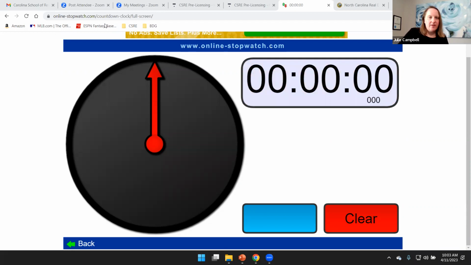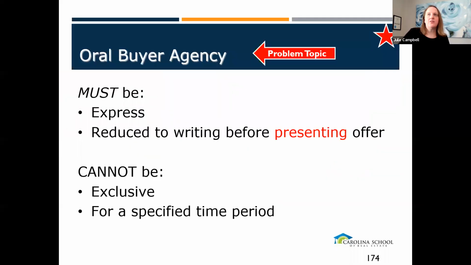We're going to talk a little bit more about this oral buyer agency thing. We mentioned earlier, when working with a buyer under an oral buyer agency agreement, we can also work with that buyer if they want dual agency.